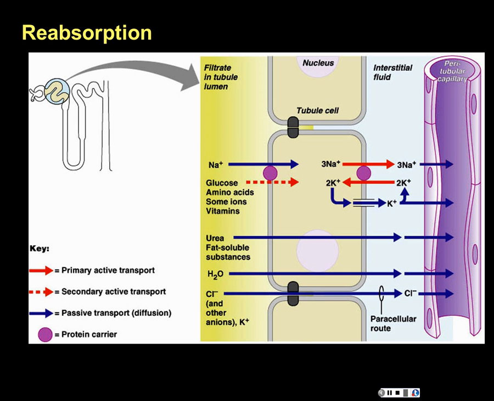That's really going to dictate whether something is reabsorbed or secreted. So here we can see sodium is going to be actively reabsorbed toward the interstitial fluid, and it would diffuse into the peritubular capillary, because there wouldn't be a channel letting it back in. Like we saw maybe in a nerve, there's no leaky sodium channel in the tube cell, and so we can take it into the capillaries.